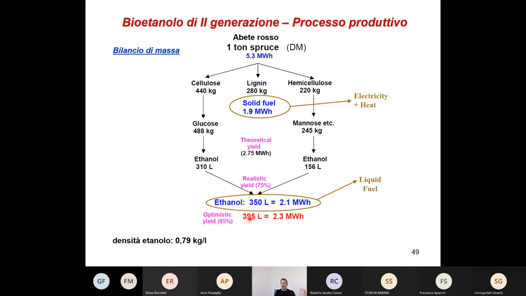Just to compare with the first generation pathway, you remember that with 2 kilograms of biomass, you obtain 1 liter of bioethanol.